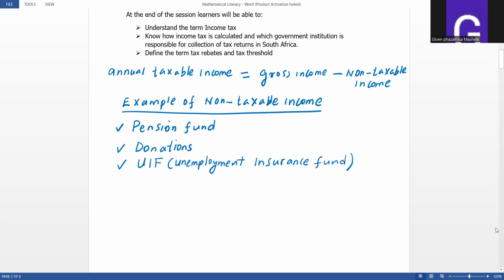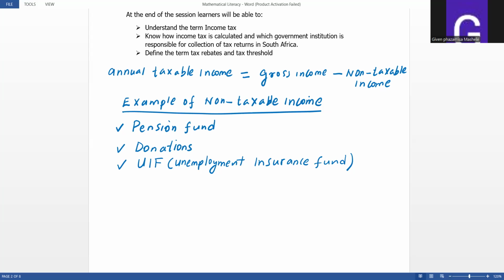So when we want to calculate the taxable income, whether it's for monthly or annually, we always take the gross income, depending on whether it's monthly or annually. We subtract the non-taxable income. So it's very important to first identify the non-taxable items, then subtract them before we calculate the income tax.